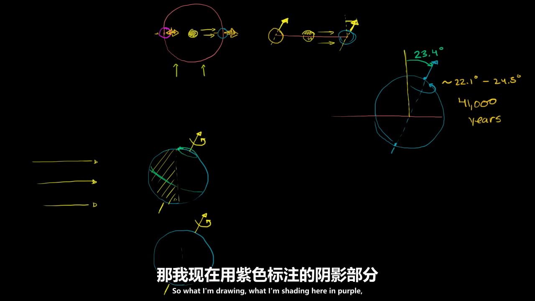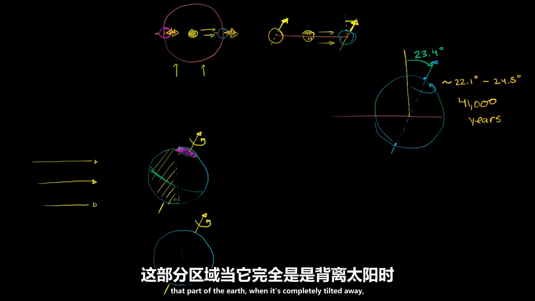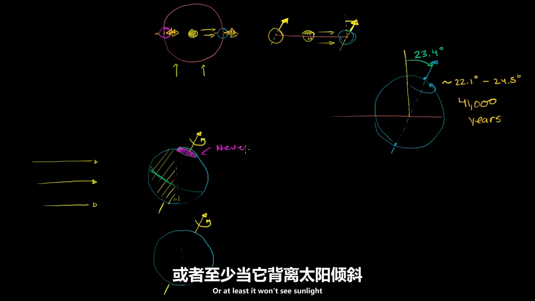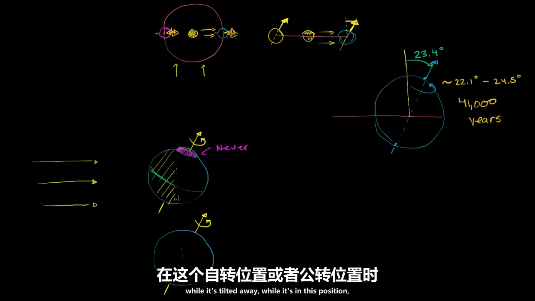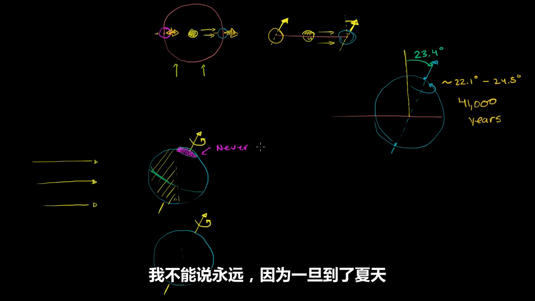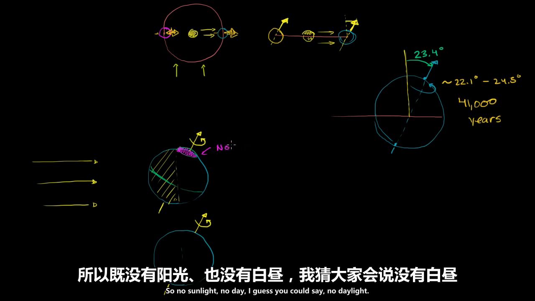So what I'm shading here in purple, that part of the Earth, when it's completely tilted away, will never see sunlight, or at least it won't while it's tilted away, in this position in the orbit. Never, I won't say never, because once it becomes summer, they will be able to see it. So no sunlight, no daylight.